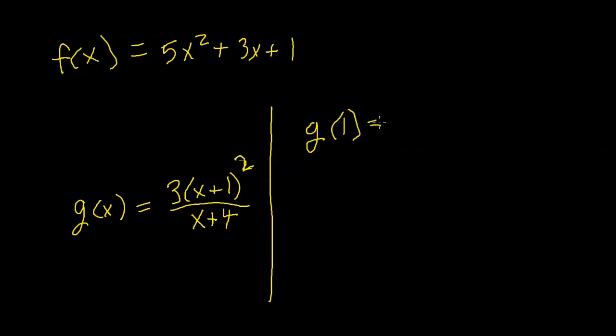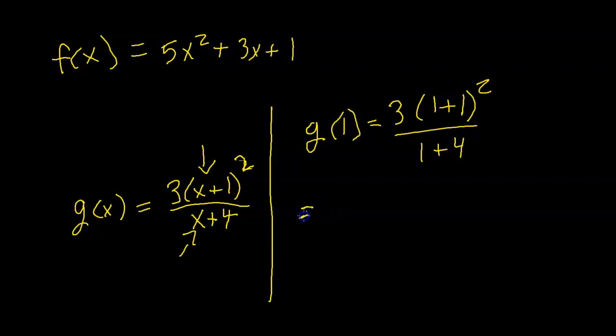That means we're going to look at the formula for g of x, and wherever the variable x appears, we are going to replace it with the value positive 1. So this is going to become 3 times 1 plus 1 squared over 1 plus 4. Wherever x occurred in our original formula, we replaced it with the value 1.